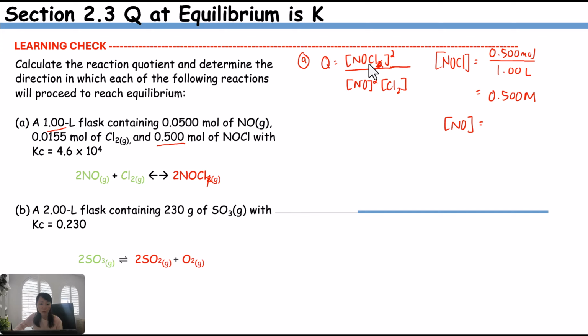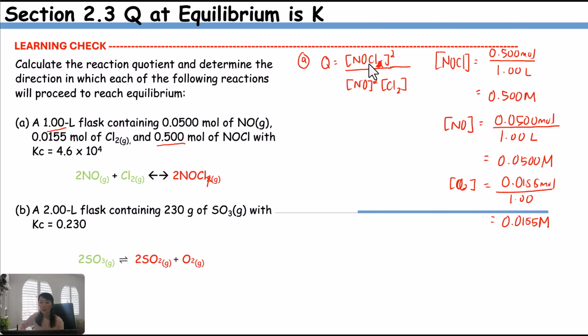Well, it gives you 0.0500 moles of nitric monoxide, and then you have 1.00 liter, which gives 0.0500 molarity. And you do the same for chlorine: 0.0155 moles over 1 liter. So therefore, this is 0.0155 molarity.